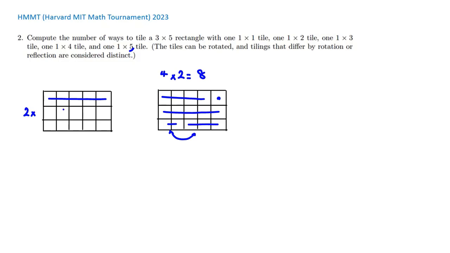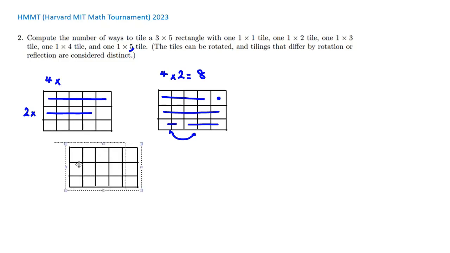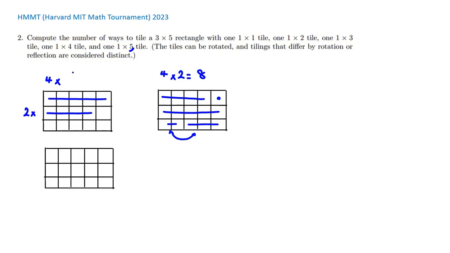Now let's consider this case. I want to draw 1x4. It is here, or here, or here, or here. So we multiply by 4 again, and we draw 1x4 like this. Then in this part, we have 1x1 or 1x2, so we should consider both cases. So it is like this, then like this, then it is like this one, or like this.